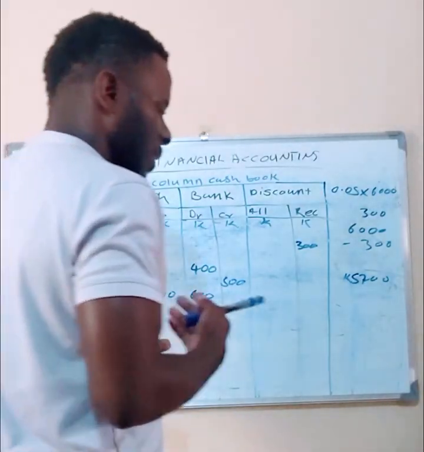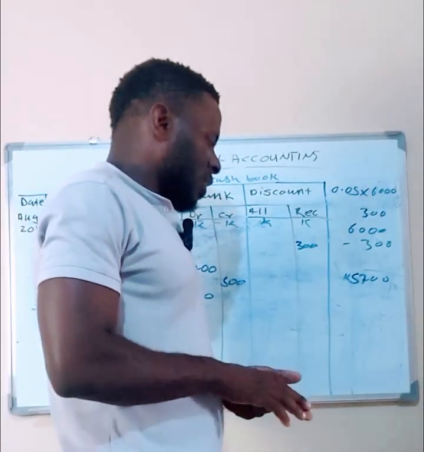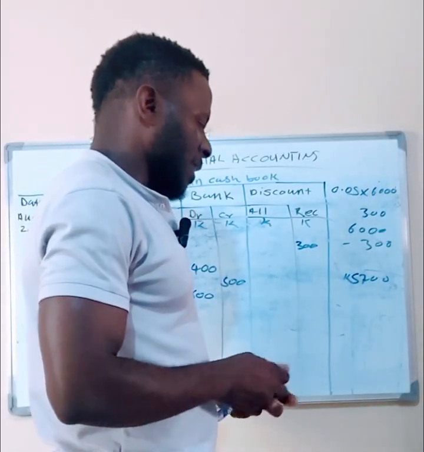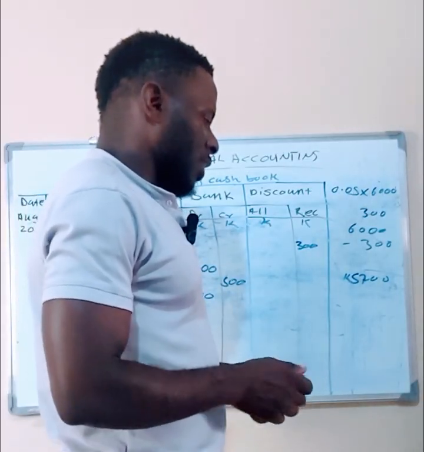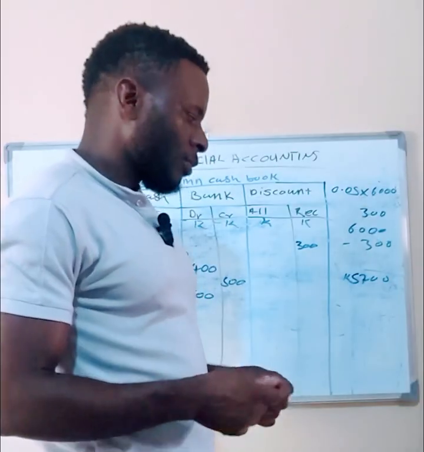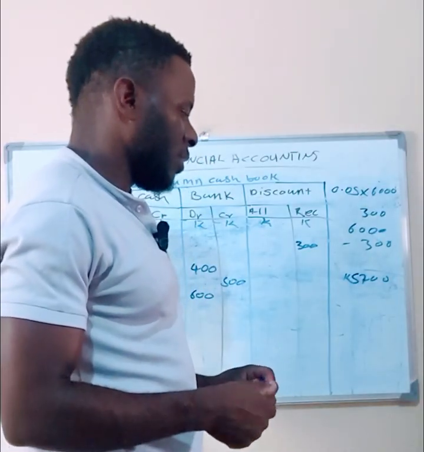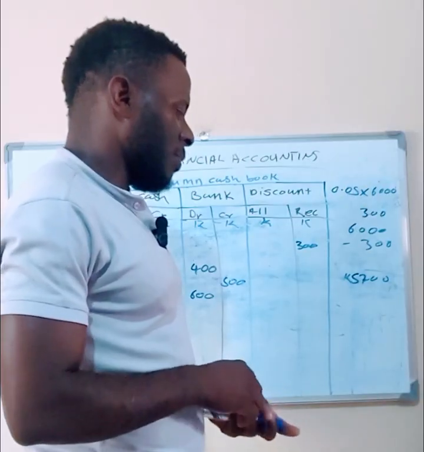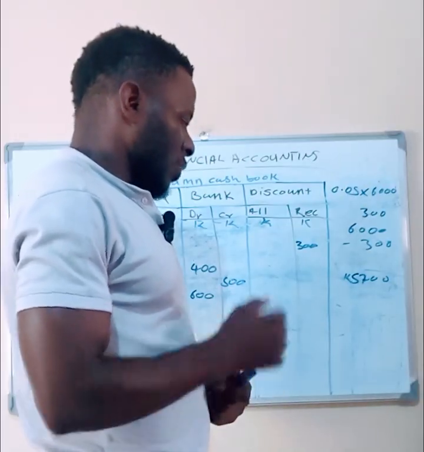Because we sold goods with 6,000 by check. And if you go into the real accounts, cash we can only see it comes into the business and when it goes out of the business.